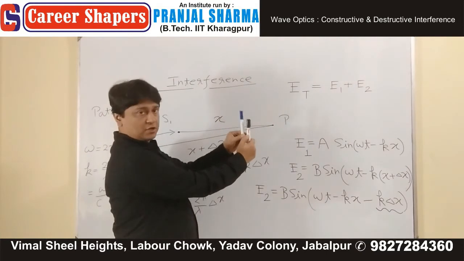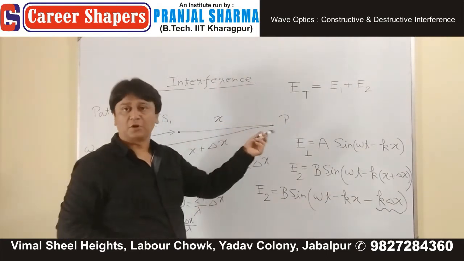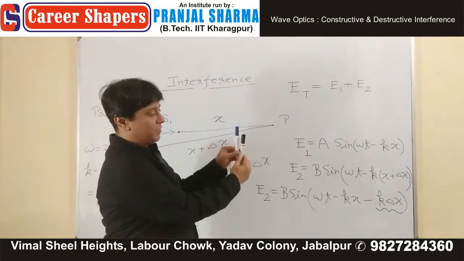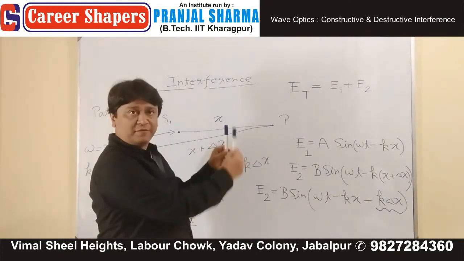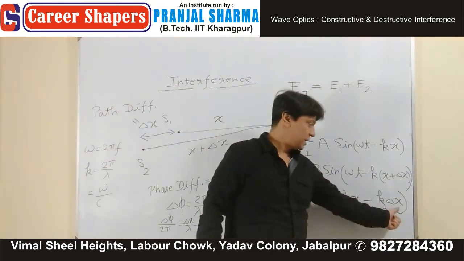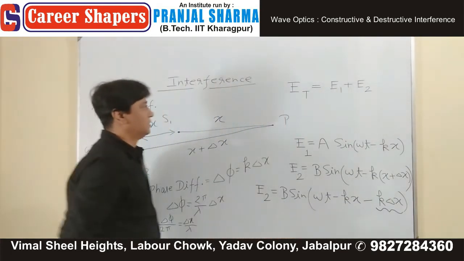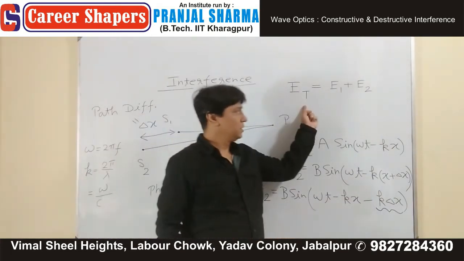Fields can be like this or they can be like this, in the same direction or in the opposite direction. Their magnitudes will also be different, and that will be decided by this number K delta X, which is called phase difference. So what is E total?